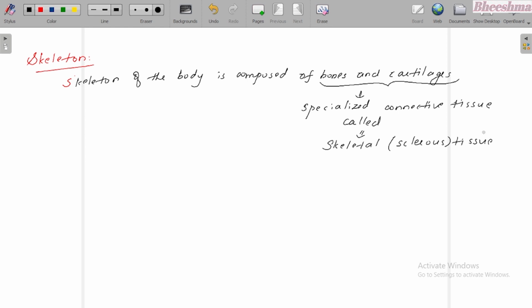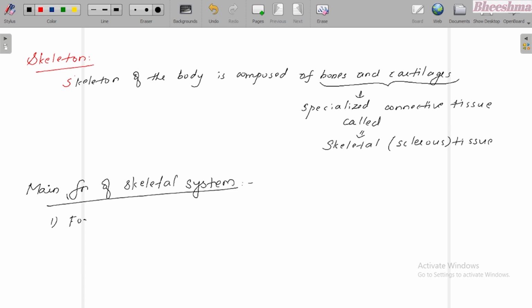Next, the skeletal tissue consists of the same components, for example, cells and matrices. And the main functions of the skeletal system: the first one, forms a rigid framework of the body.